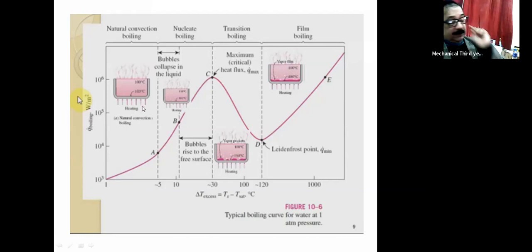We have taken water for our discussion. From here to here, with the increase of heat flux, we get a curve like this. Now what happens here actually? How have we defined this particular regime? Let's see now.